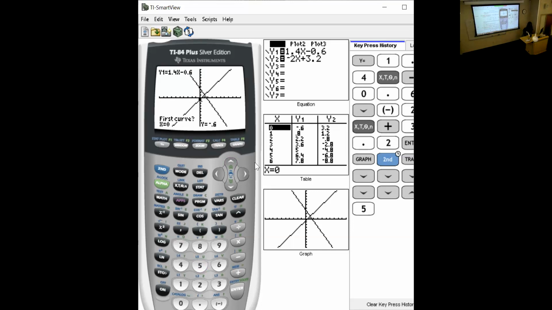So hit enter, first curve, enter again, second curve. Do we want to guess? Let's go ahead and guess. Enter, right in the middle. Good. So I have 1.12 for x.